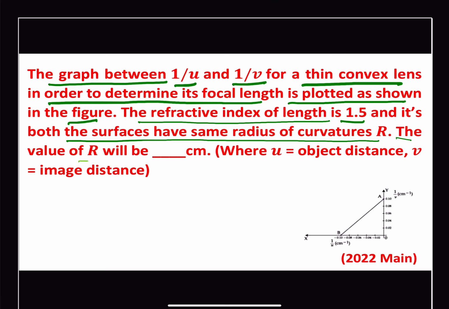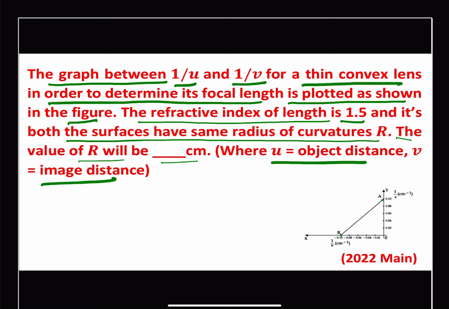The value of r will be in centimeters, where u is the object distance and v is the image distance. So we are given this particular figure, and here two points are important. One is our point A and another one is point B. This x-axis, which is in negative, is given as 1 by u, and the y-axis, which is in positive, is given as 1 by v.